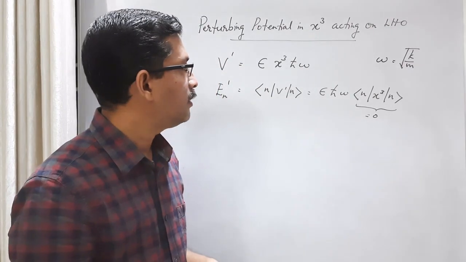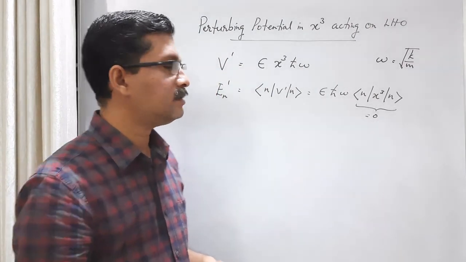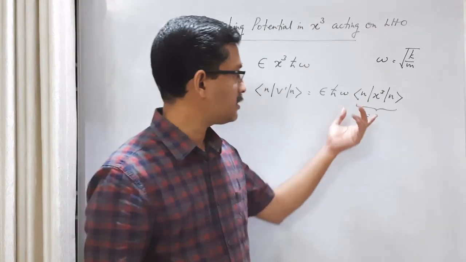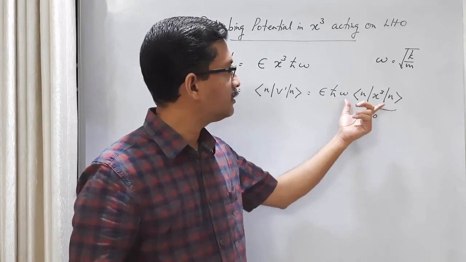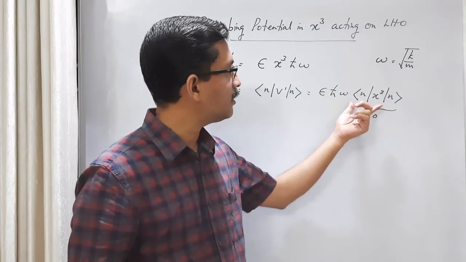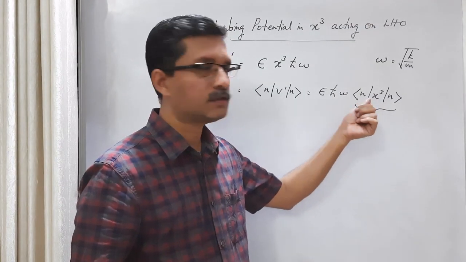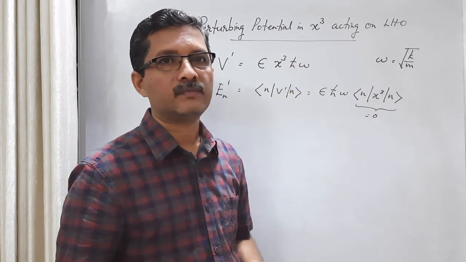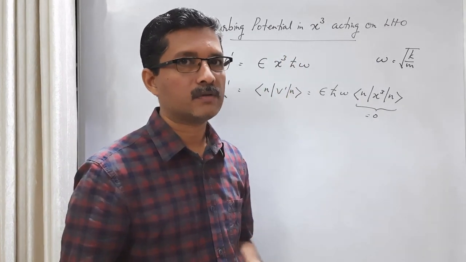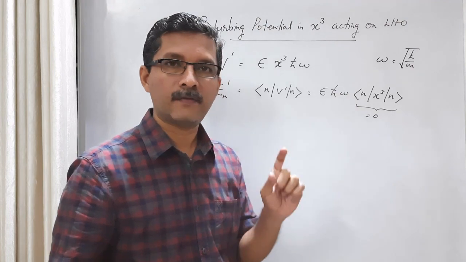Maybe the easiest argument is in terms of the coordinate representation. In coordinate representation, this is an integral like the integral of phi n star phi n x cube dx. Now every eigenstate of a linear harmonic oscillator has a definite parity.